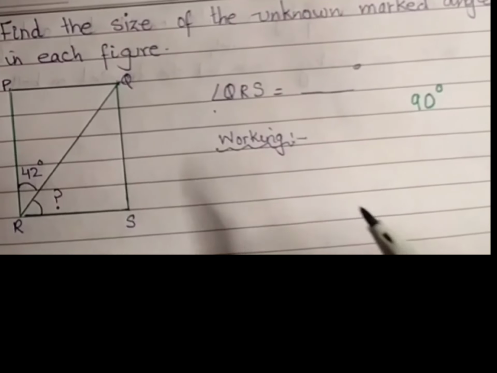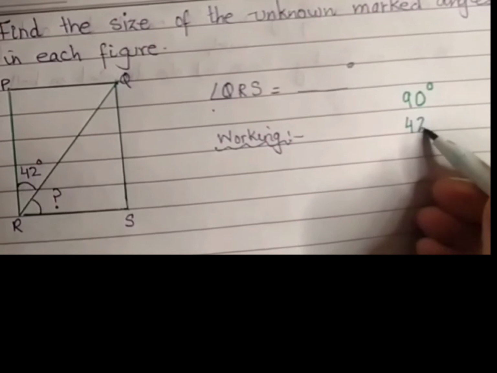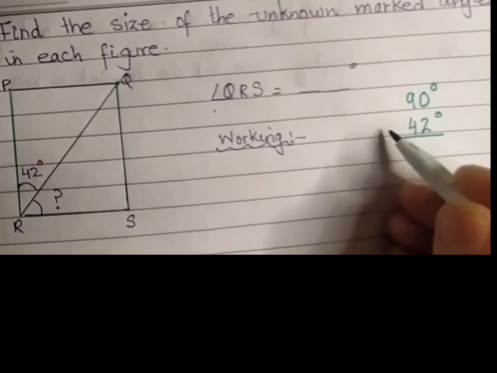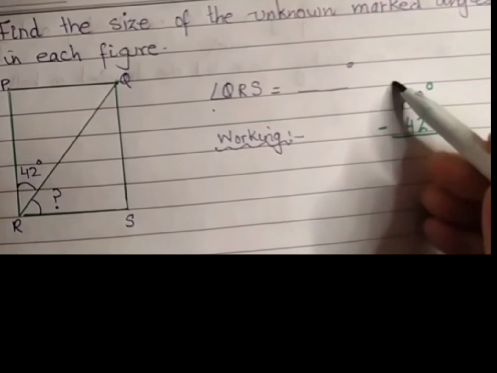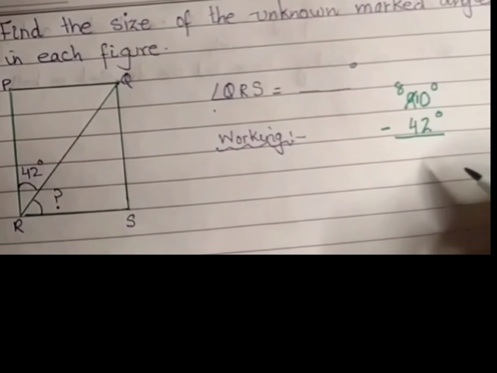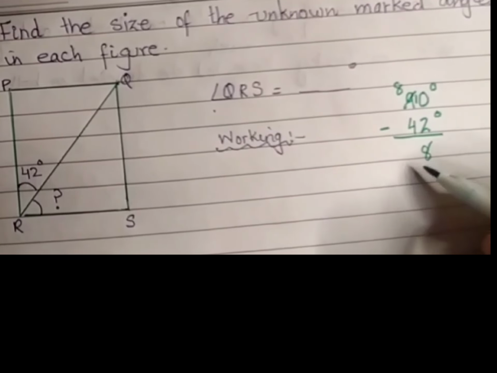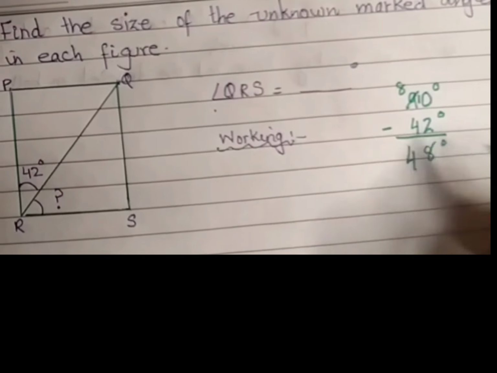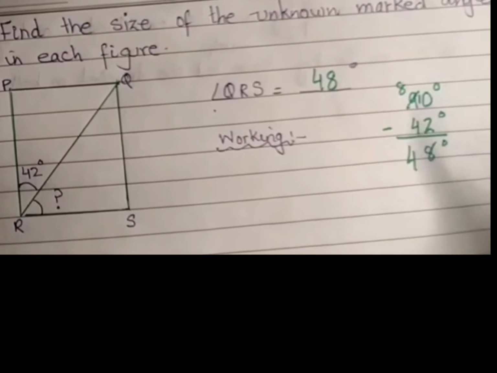So what do you think angle QRS equals? You're just going to minus 42 degrees from 90. 0 minus 2 not possible, so you take 1 here. This becomes 8. 10 minus 2 is 8. 9 minus 4 is 4. 48 degrees is your answer.